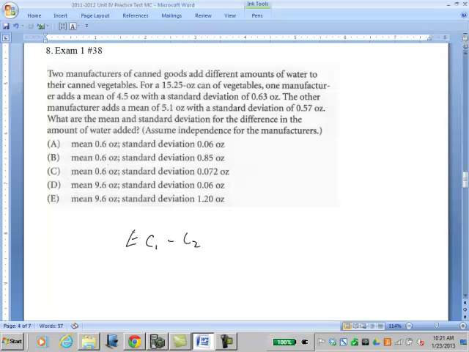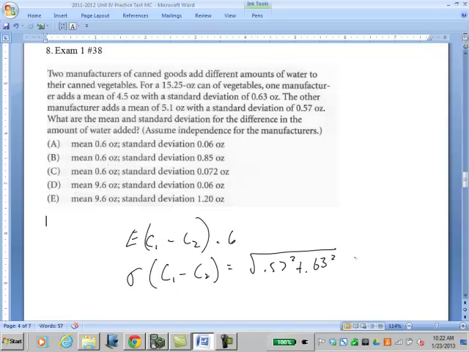The expected value is 0.6. And what's the standard deviation? Sigma of C1 minus C2 will equal the square root of 0.57 squared plus 0.63 squared, and that is 0.85. So it's 0.6 and 0.85.